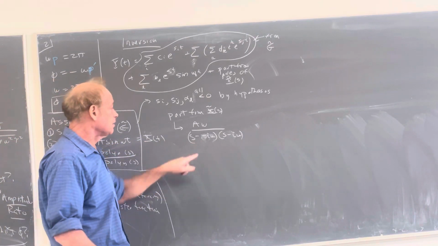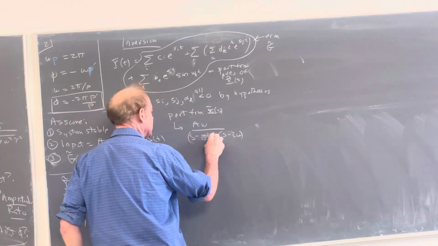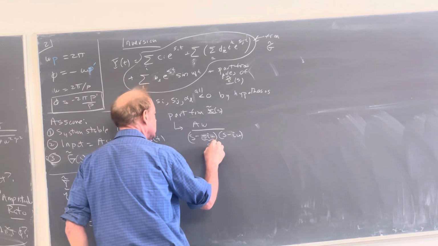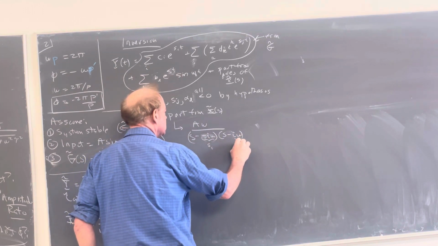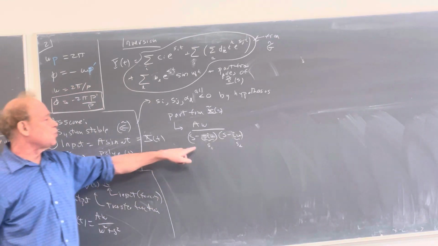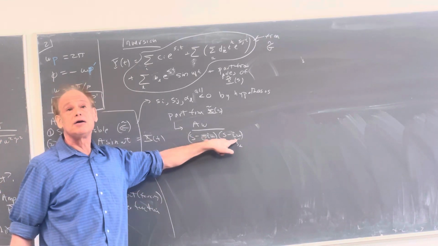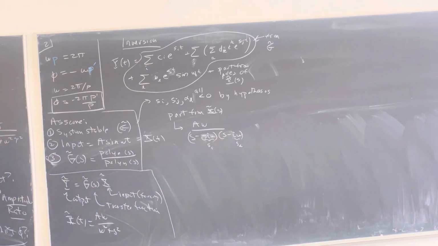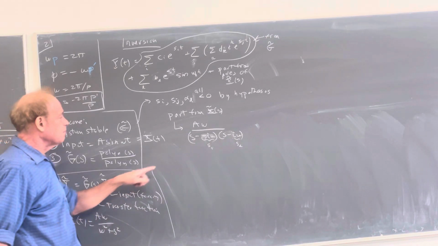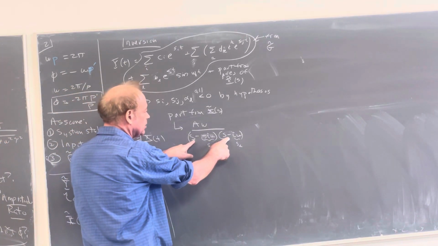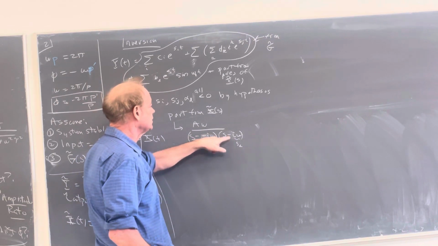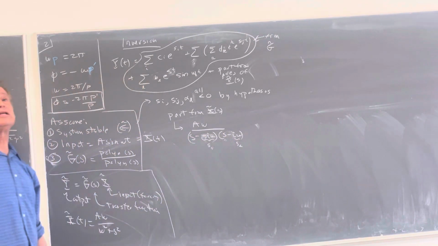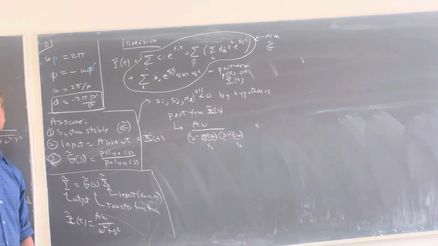I'm being pedantic because I want to let this be S1 and this be S2. So here S1 would be minus I omega, here it's plus I omega. Because when I multiply these out, I get S squared, and when I have plus I omega and minus I omega, I get minus I squared omega squared. Minus I squared is plus omega squared.